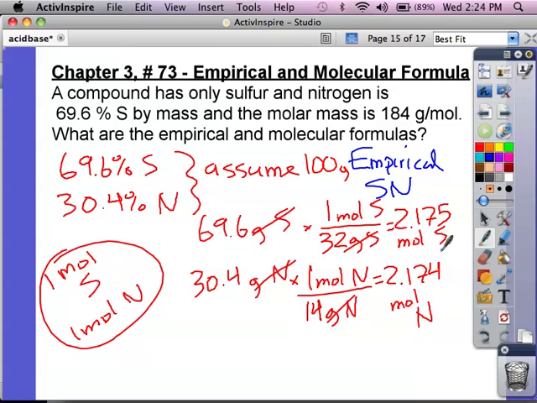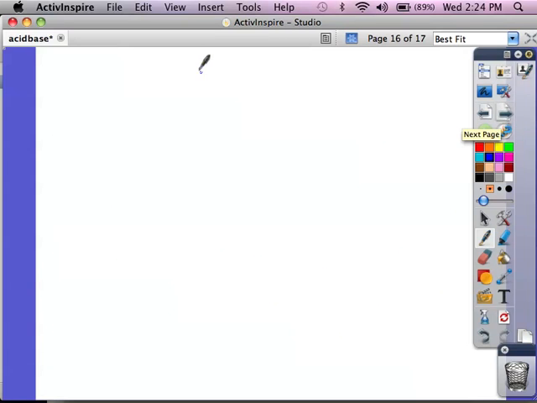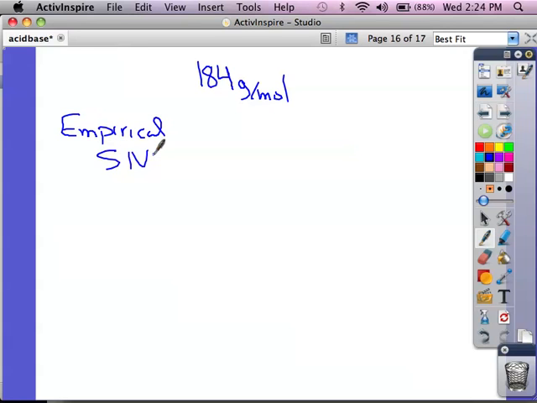In this case, you can go from the empirical to the molecular by looking at the molar mass. So the second part, I'll flip over the page here in a second, is going to be that next part. So our empirical is just 1-to-1, SN. Our molecular, we know that the molar mass is 184 grams per mole, and we know that the empirical formula is just 1-to-1, SN.